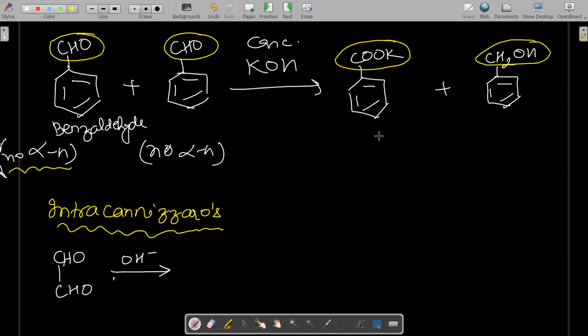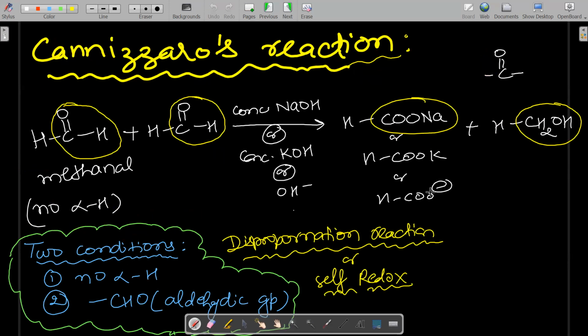So what is the name of this compound? This is called, sorry, not sodium, this is called potassium benzoate, or we can say potassium salt of benzoic acid. And this is called benzyl alcohol. So we are getting acid and alcohol. Okay, what is the name of this compound? Sodium.